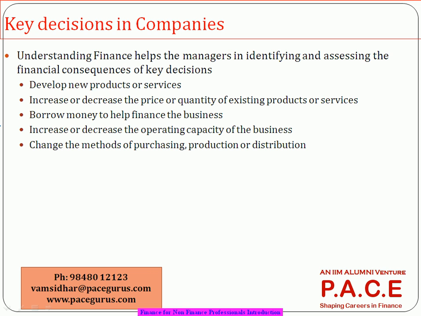But if I have some kind of a network in place, probably within no time, if I can get it ordered from my vendors and directly delivered to my customers, that's a different model altogether. So every financing decision, every business decision today is being viewed from a financial standpoint.